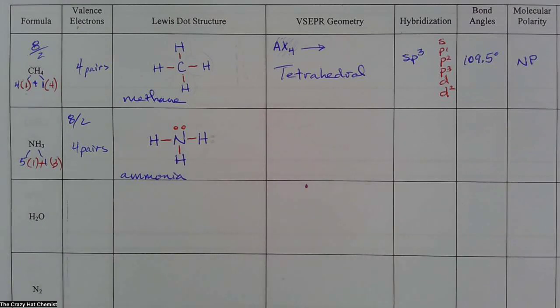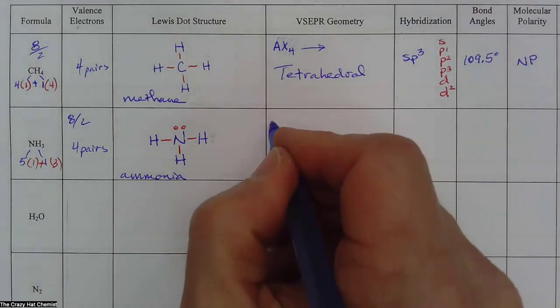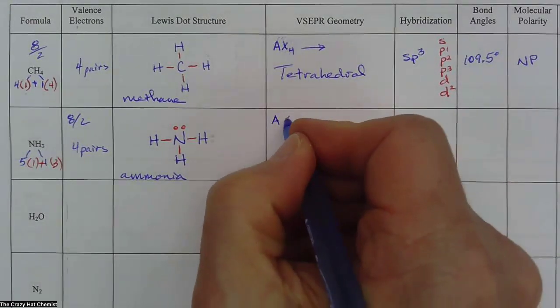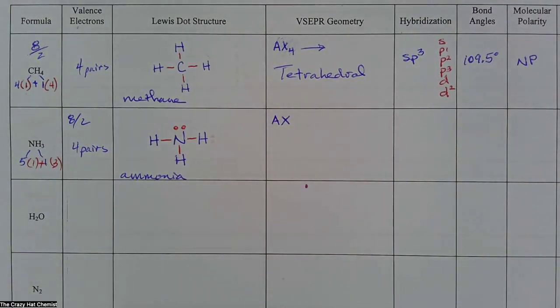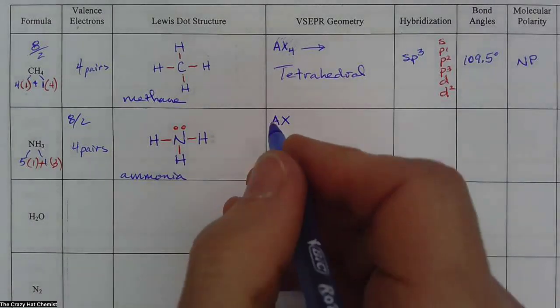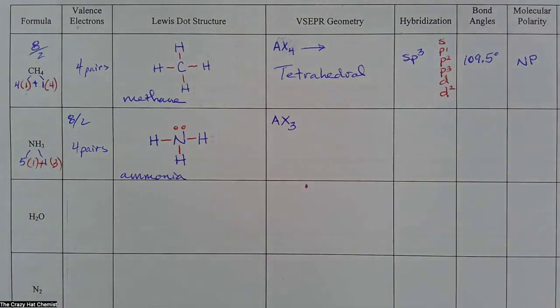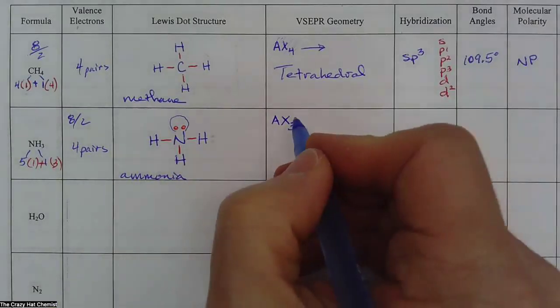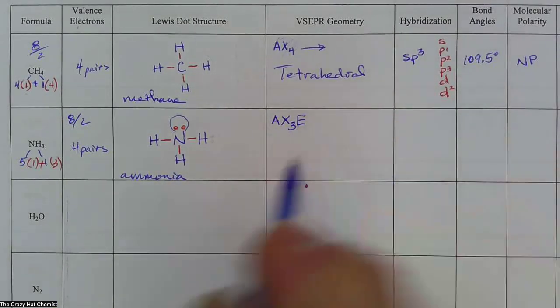We're going to get the VSEPR geometry from this, and that central element is the A, and that's the nitrogen, and then the outside elements physically attached to the nitrogen are hydrogens, and there are 3 of those. Then there is a lone pair. I'll just loop that over there. That is an E on the central element.